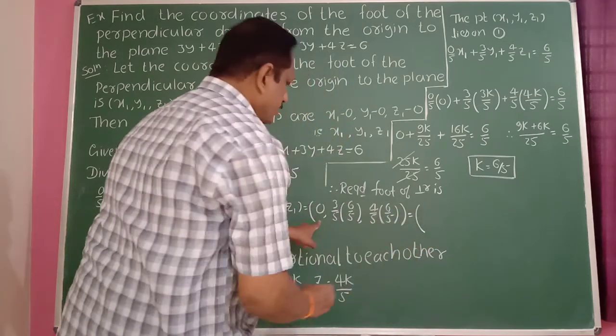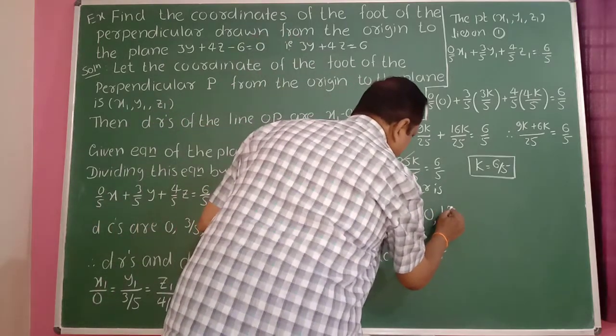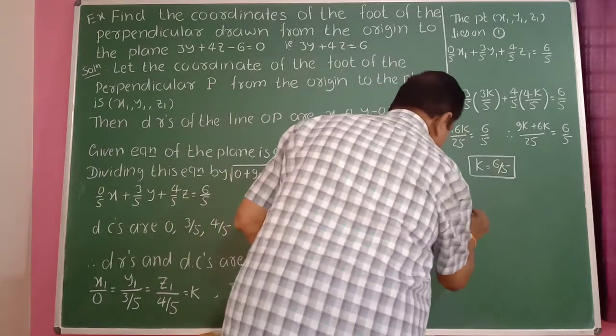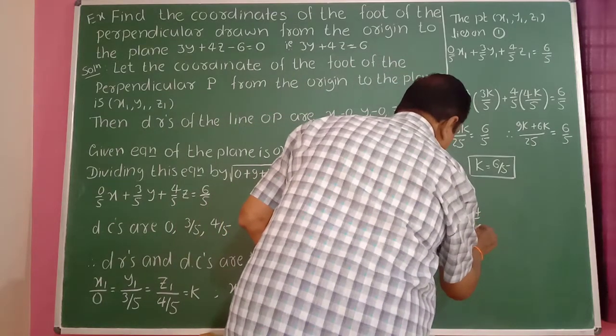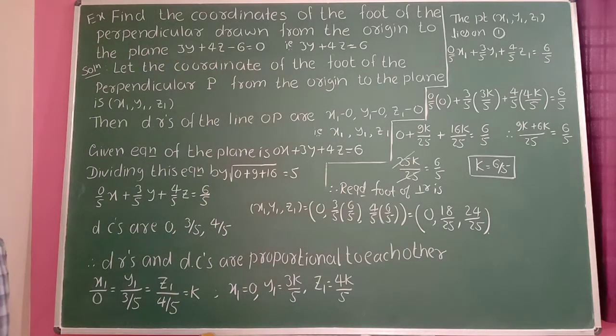That is 0 here. 6 3s are 18, 18 divided by 25. 6 4s are 24, 24 divided by 25 here. So these are the required foot of the perpendicular here.